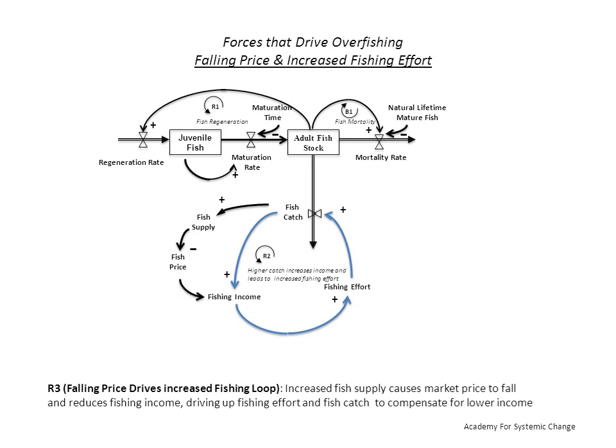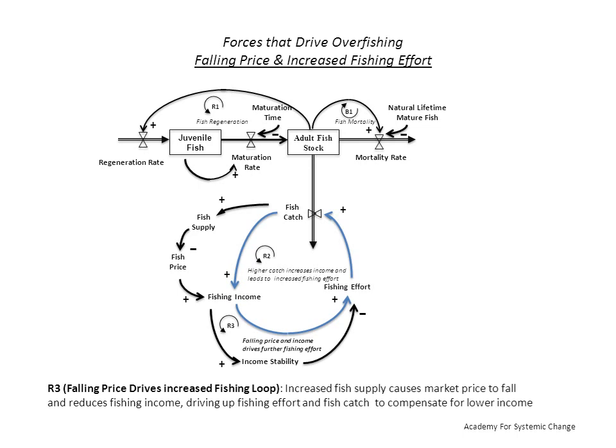These falling prices then lead to falling incomes for fishers, which then, because of wanting to maintain income, lead to still further fishing efforts and driving a second self-reinforcing spiral indicated as R3, wherein falling prices and incomes drive further fishing effort.